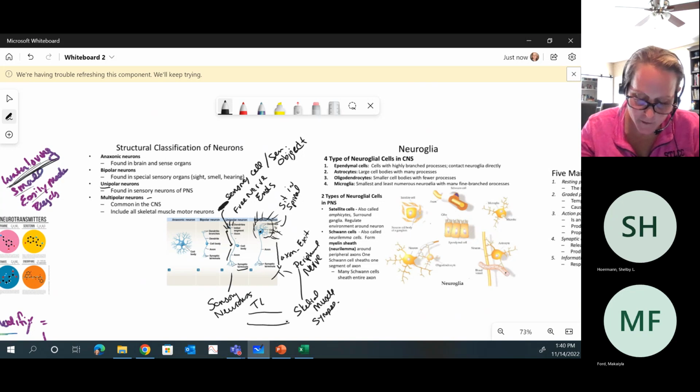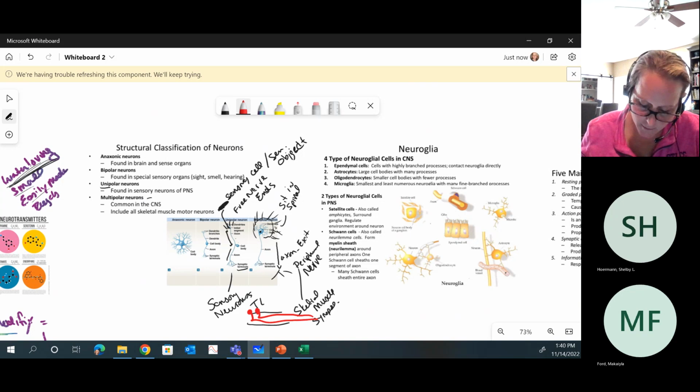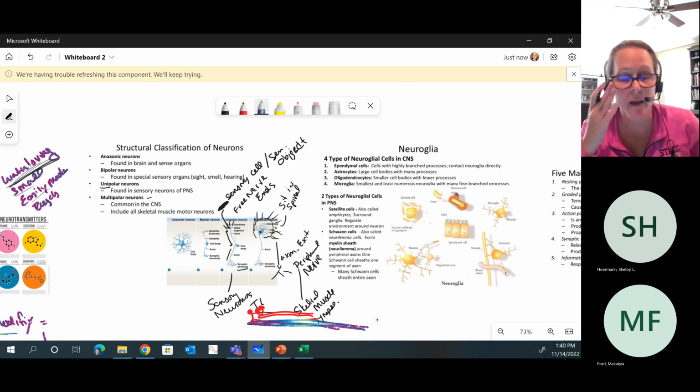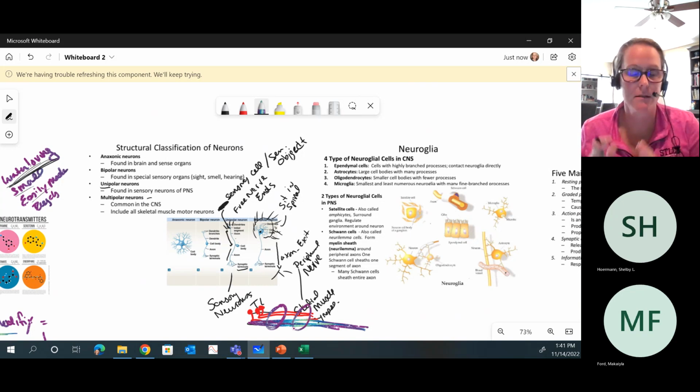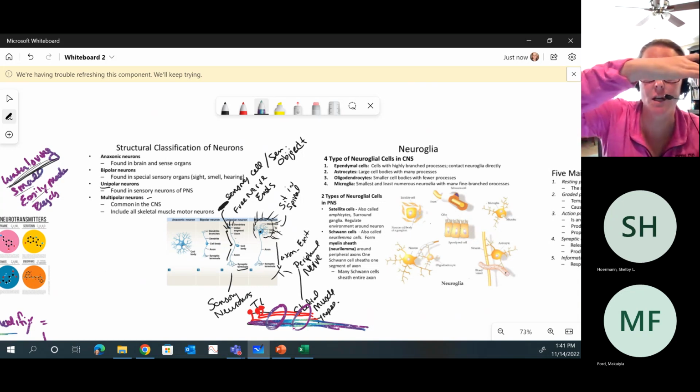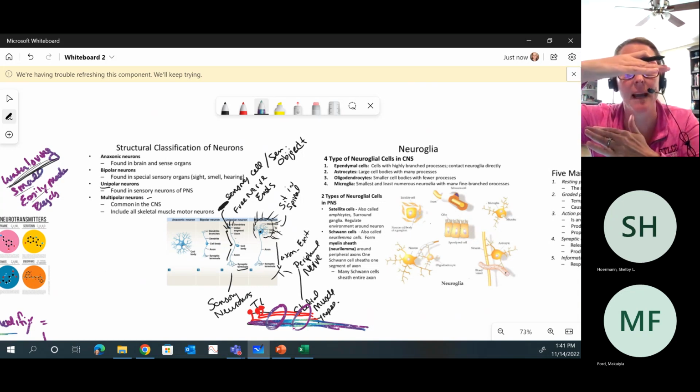T1 may have some sensory neurons coming in, and then it may have some motor neurons going out towards my arm. And that whole spinal nerve is a combination of some information coming in, some information coming out.